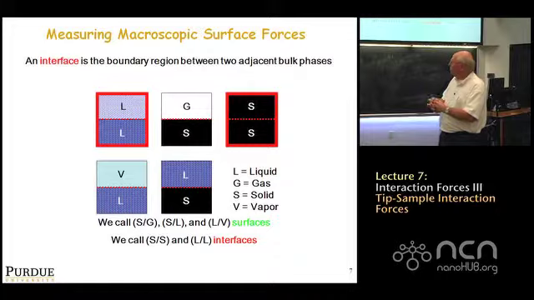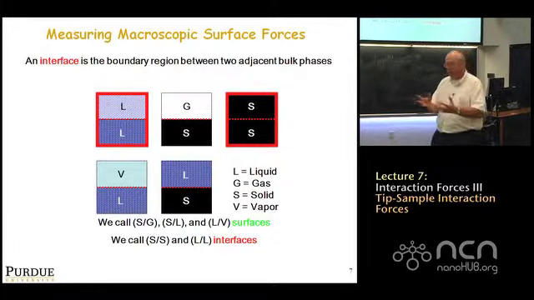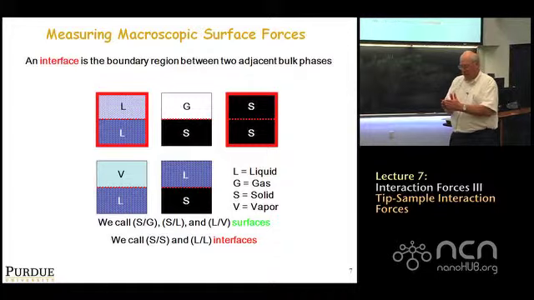So if you have two substances, and you're allowed to vary the state of each substance, then the substance could either be a liquid, a gas, a solid, or a vapor. Those are the possibilities. And so you can start to ask questions about, if you have an interface between two different materials, how much energy does it take to separate those materials?